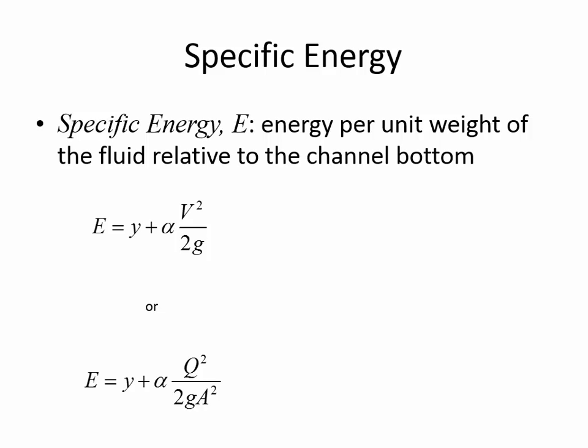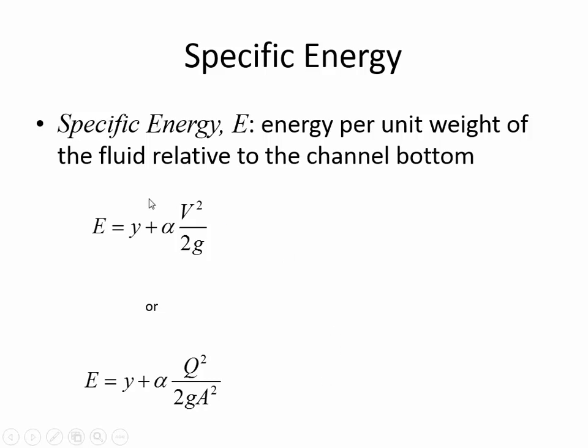By contrast, specific energy is only considering how much energy is there above the channel bottom. So we're neglecting this delta Z, and we're just saying at any particular point, let's add up the depth and the velocity head that's between the water surface and the energy grade line.